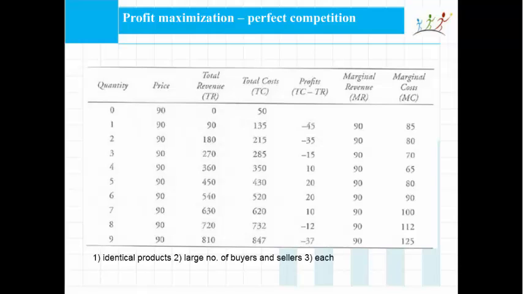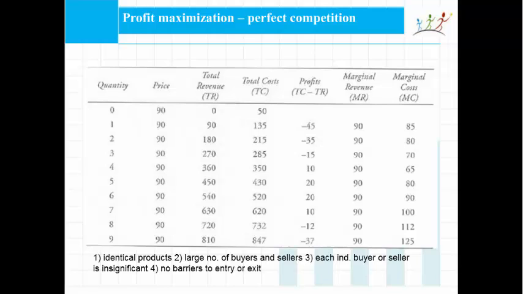Third, each individual buyer or seller is insignificant or is small relative to the overall scheme of things. And finally, there are no barriers to entry or exit. Such a situation would be termed as a perfect competition.